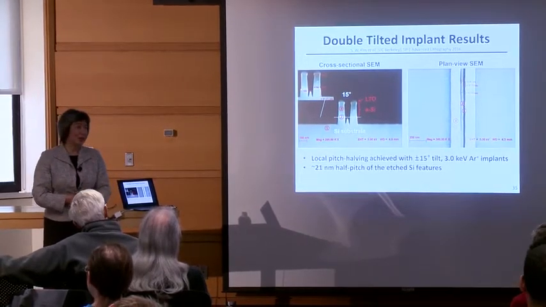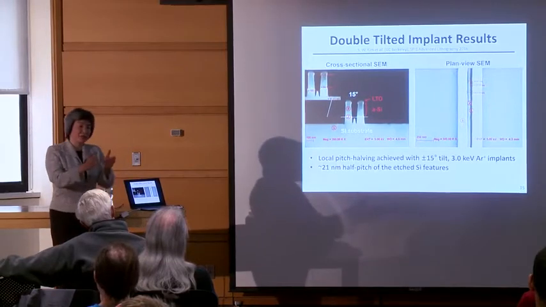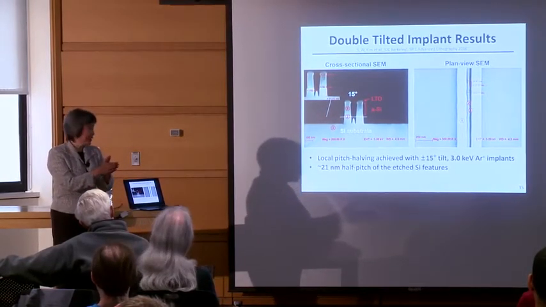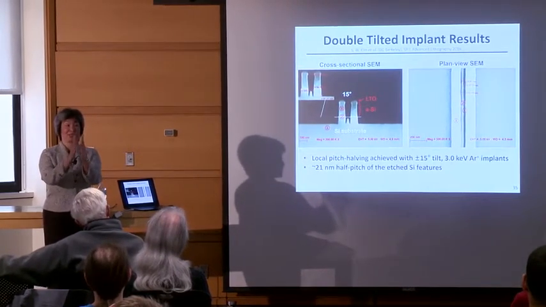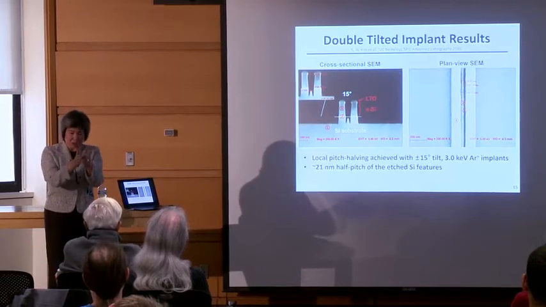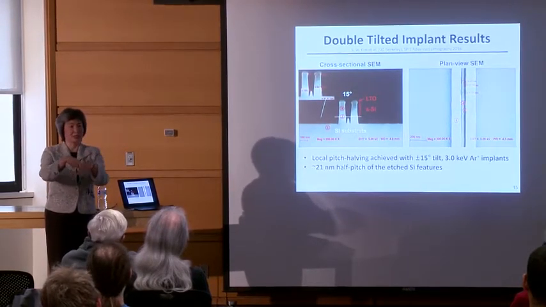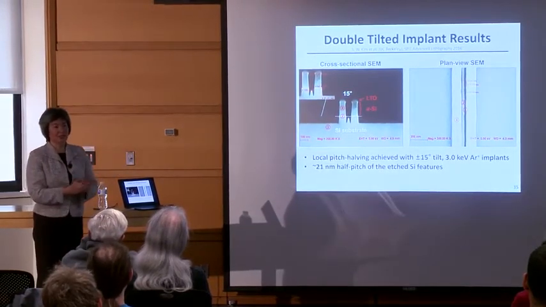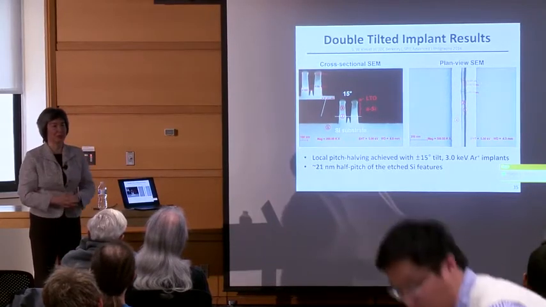I think last year, as companies are trying to make FinFETs with smaller layout area, they want tighter and tighter fin pitch. With these spacers, if the spacers are too close, during the manufacturing process they start to collapse on each other. So if you start with spacers at as small a pitch as possible, then use tilted implantation to double the density of fins, I think that's an easy way to use this technique, because spacers physically are just going to collapse on each other if you make them too close.